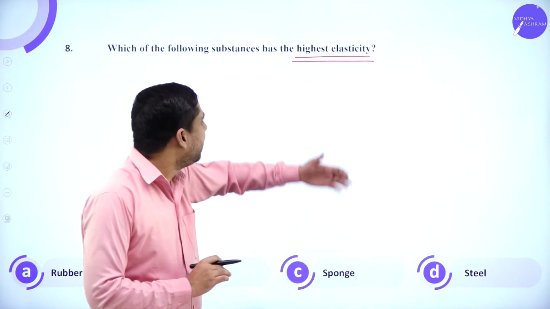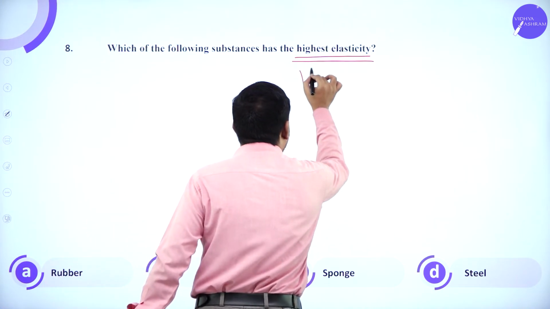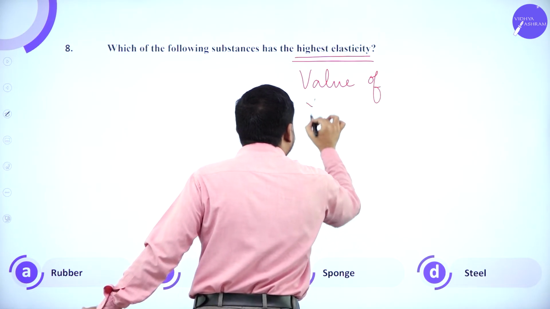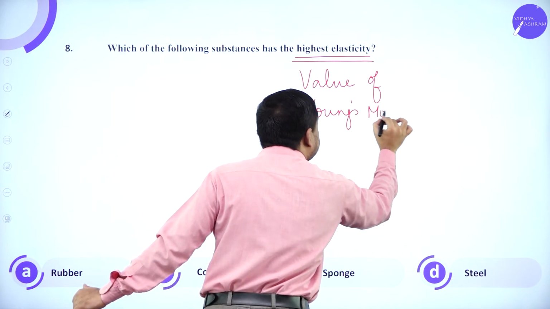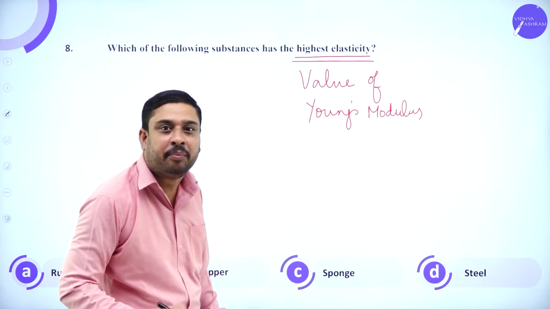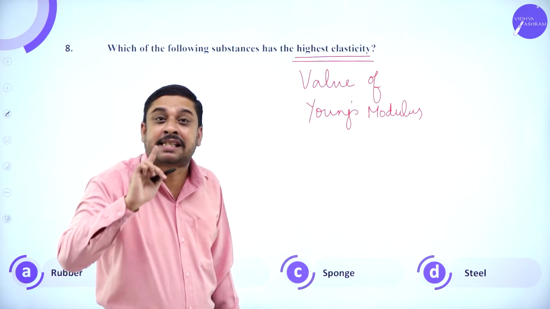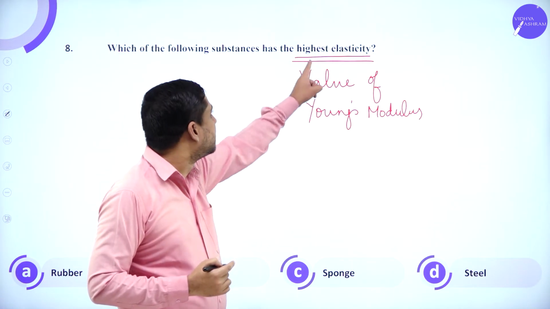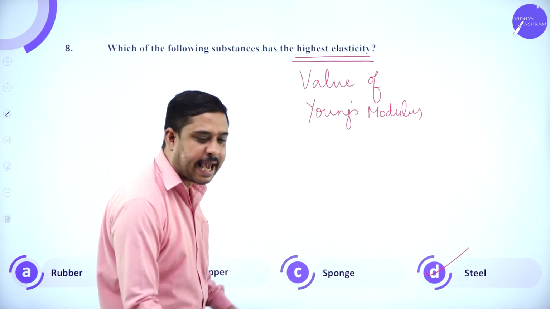No, my dear students, elasticity depends upon the value of Young's modulus, where stretching and deformation is maximum, and which among the given 4 has higher Young's modulus? It is steel. So steel has the highest elasticity.